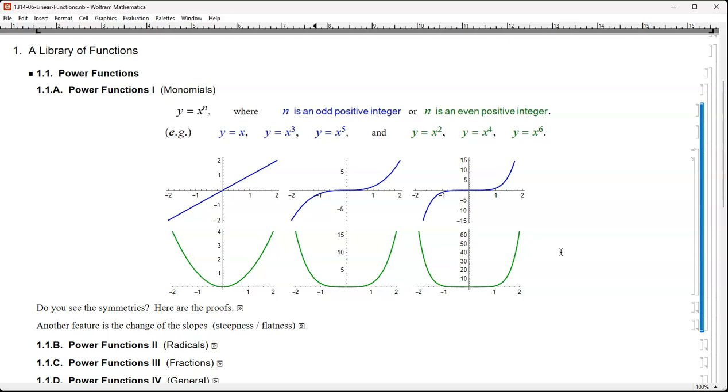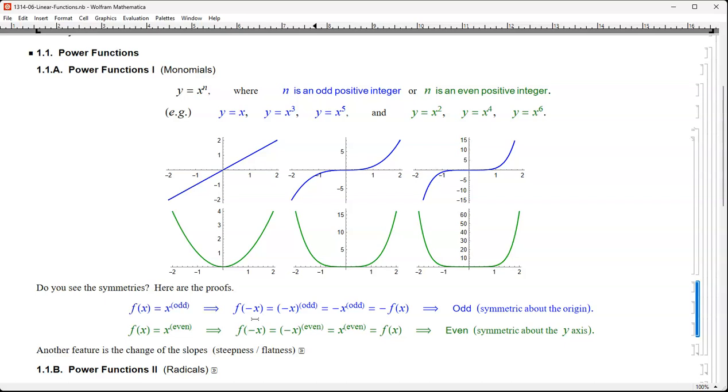And do you see any symmetries there? Of course you do. Blue graphs are all symmetric about the origin, and green graphs are all symmetric about the y-axis. And the reason is, of course, negative x to the odd power is negative x to the odd power. Negative x to the even power is just x to the even power. Negative just disappears.